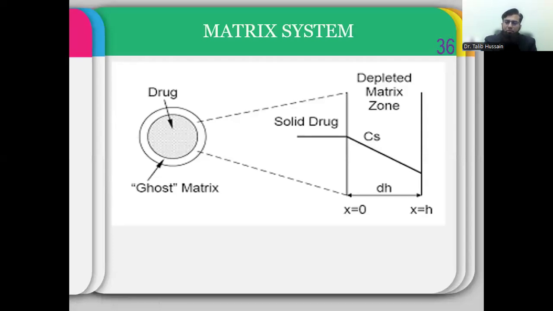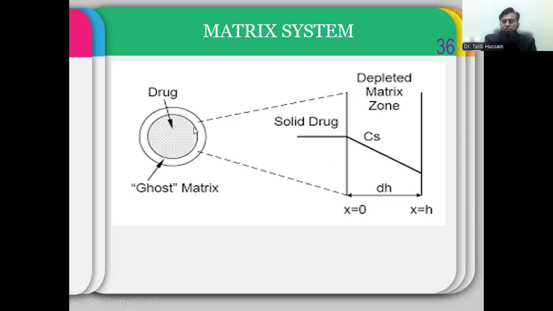It will be a matrix. But after the first release, it will have a polymeric ghost around the drug particle. So the drug has to travel this distance. After the first release, the drug always has to travel this distance or greater than this distance to be evacuated from the system into the dissolution medium.